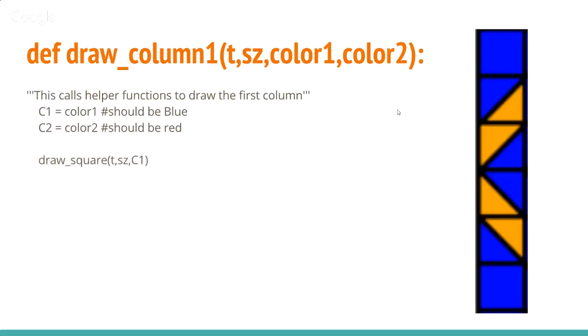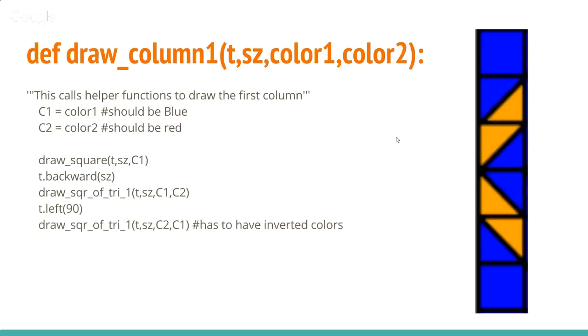All right, so now here we draw the square. Column 1, it always starts here on the side. Remember, I was talking about that earlier. And then we position, we call square of try 1 to draw the next square. We do some more positioning. We call try 1 again because you see here the angle of the triangle.